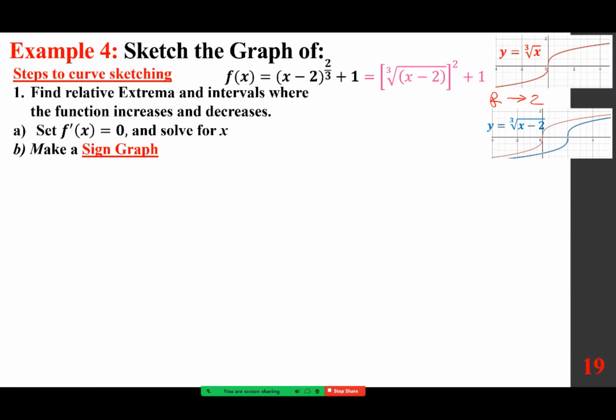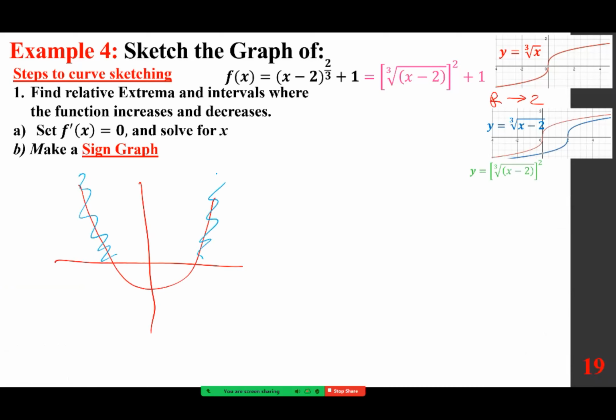The next step is to square the function. So what happens when you square it? When you have a function like this one, when you square it, the portion which is above the x-axis is positive and it gets squared up. For the portion which is below the x-axis, as you recall, it flips over and gets squared up.